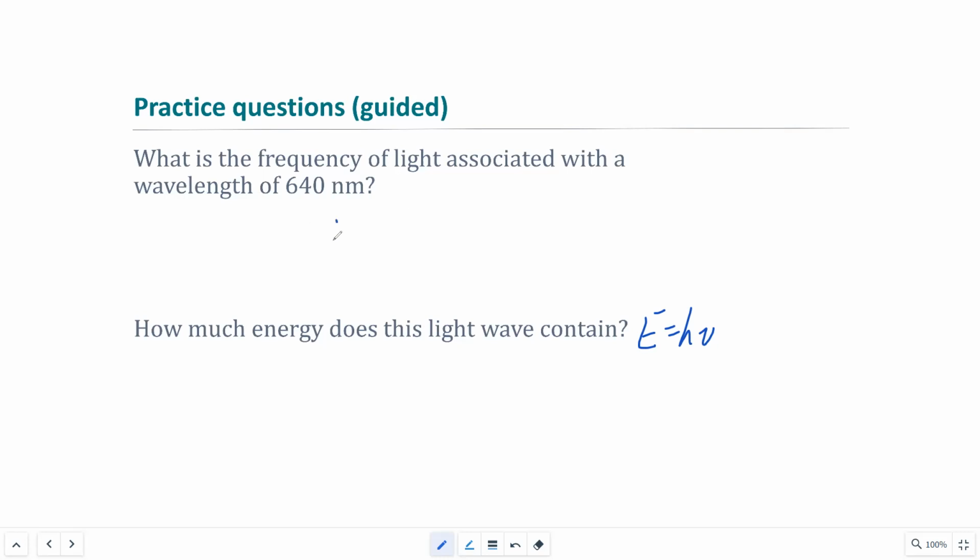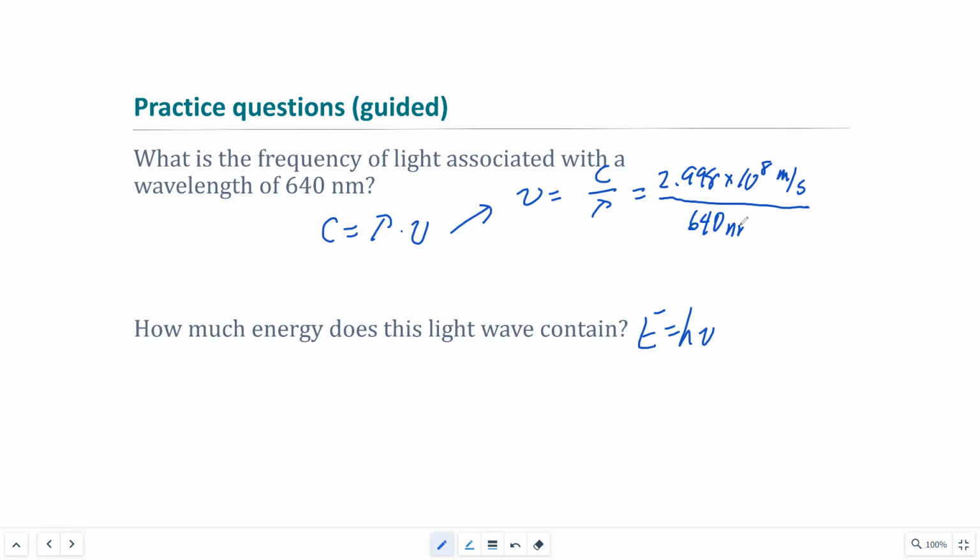So using the speed of light equation, wavelength times frequency equals the speed of light, I can calculate the frequency relatively easily. Just rearrange it. Frequency is equal to the speed of light over wavelength. And now I need the speed of light, 2.998 times 10 to the 8th meters per second, and the wavelength of light was 640 nanometers.